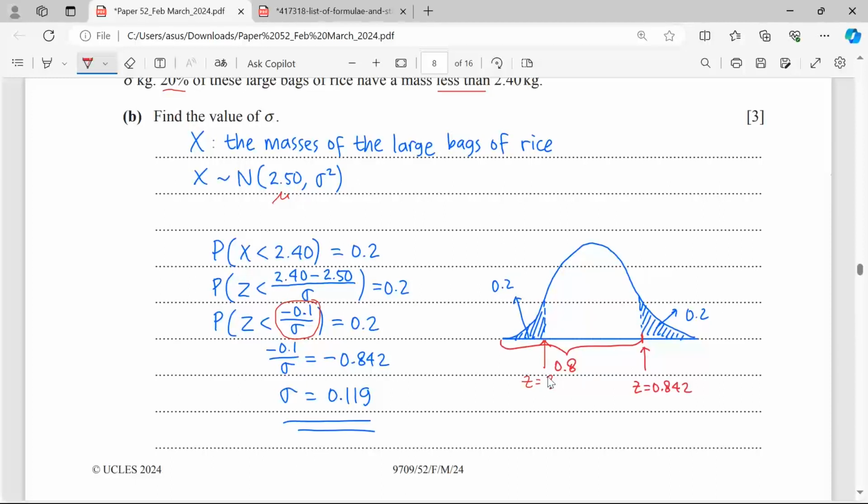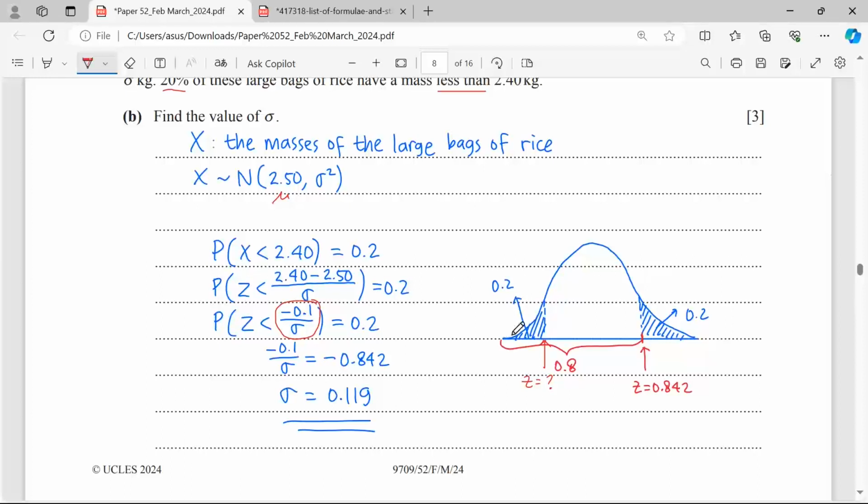And we know that we don't have the value for negative numbers on the table. Why do we know this is negative? Because this one is negative 0.1 over sigma. Sigma is always positive, so negative divided by positive. So that means the number inside here should be negative. We don't have the value for negative z values on the table, so you have to modify a bit.